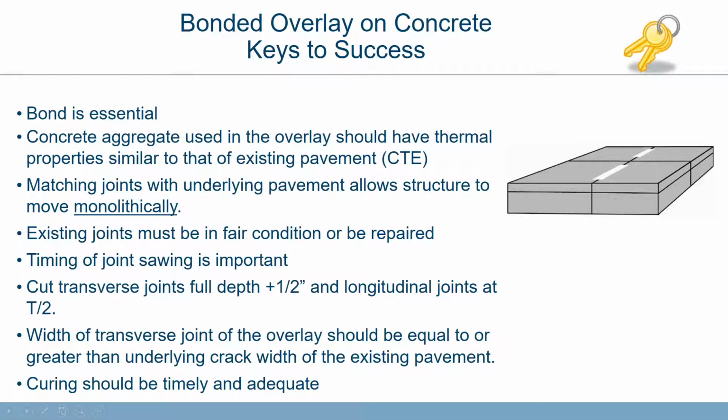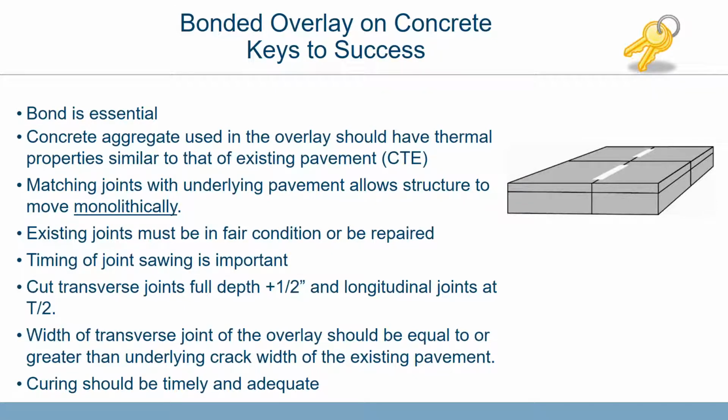The width of the transverse joint of the overlay should be equal to or greater than the underlying crack width of the pavement. That's so that if the underlying pavement expands and the overlay pavement has a narrower joint width, as that underlying pavement expands monolithically, you're going to start to get point bearing on that overlay if it closes up.